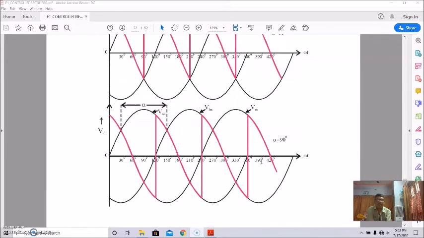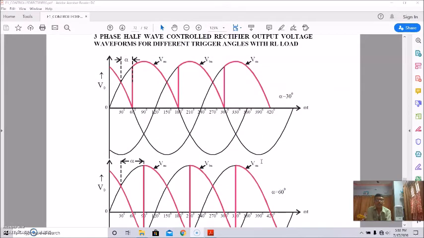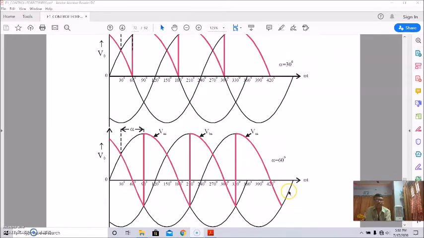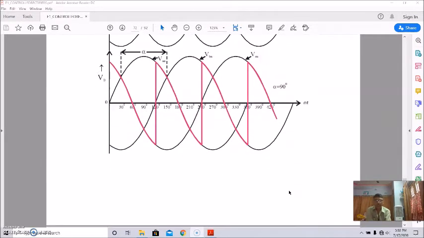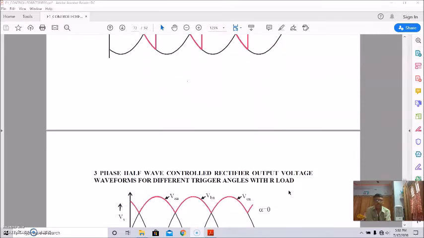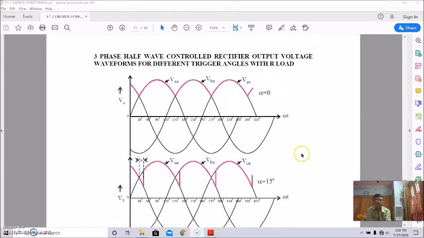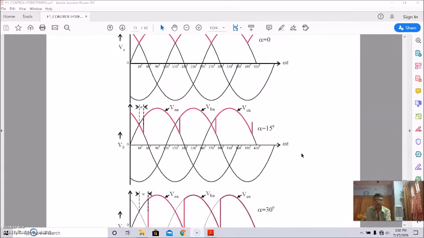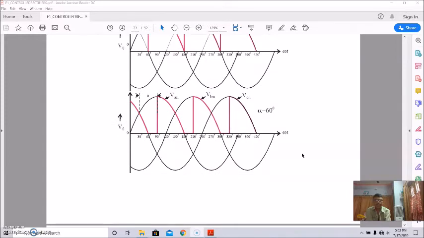We discussed these waveforms for RL load at trigger angles of 30 degree, 60 degree and 90 degree. And for resistive load also we have discussed the output voltage waveform, for trigger angles of 0 degree, 15 degree, 30 degree, 60 degree, and so on.